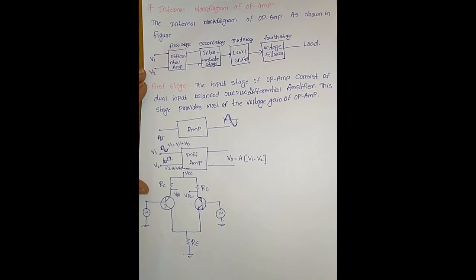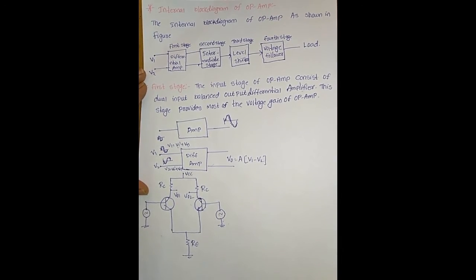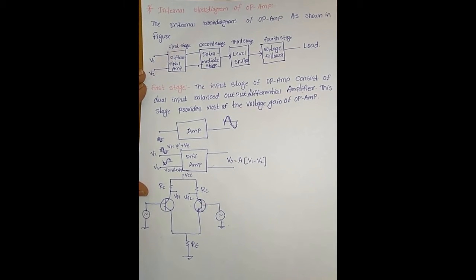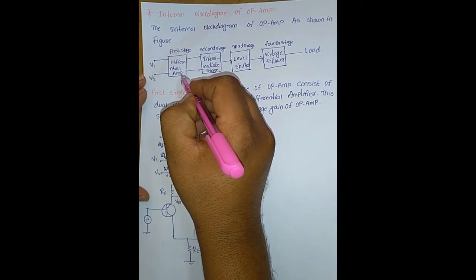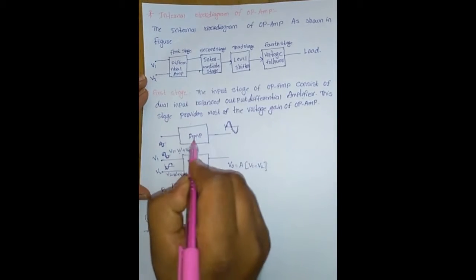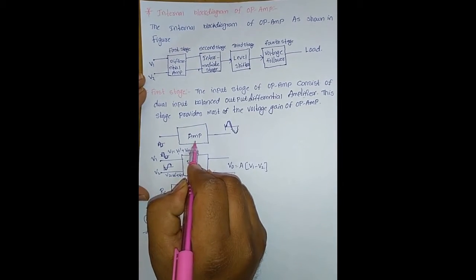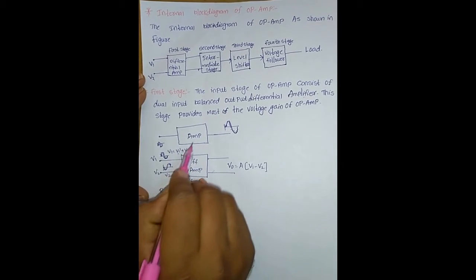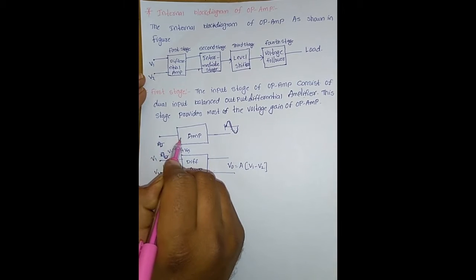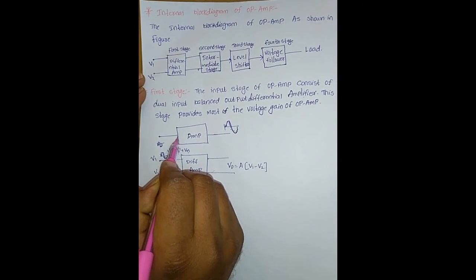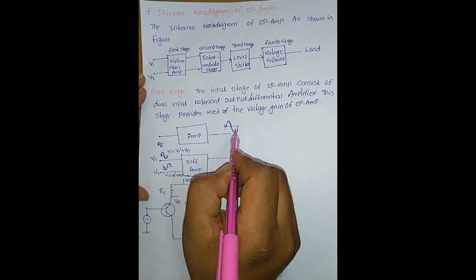Now the doubt is, in this first stage why are we using the differential amplifier, and why not a single stage amplifier? For example, in a single stage amplifier, the input signal is given to the amplifier and the amplified version is collected at the output side.